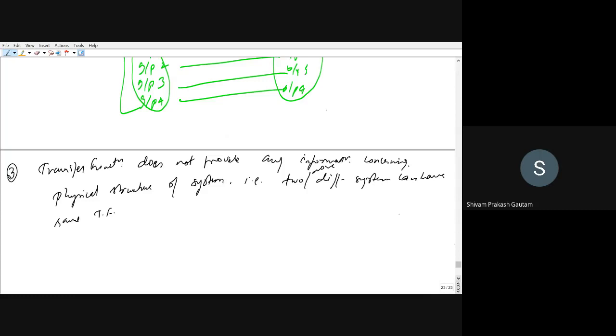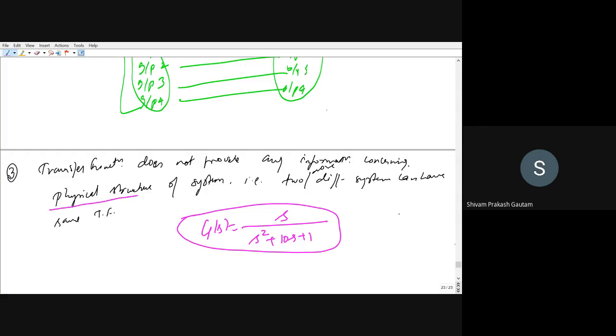Given a transfer function, which we usually represent as G(s), like I am giving you a transfer function s upon s square plus 10s plus 1, looking at this transfer function you cannot determine its physical structure, whether it is a mechanical system, an electrical system, or any other system.